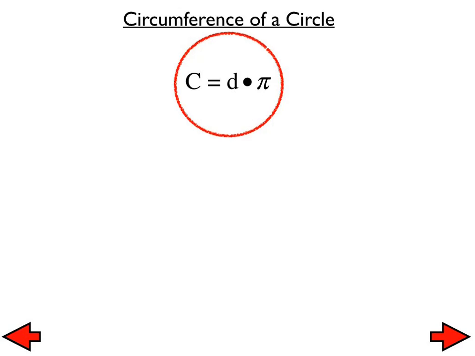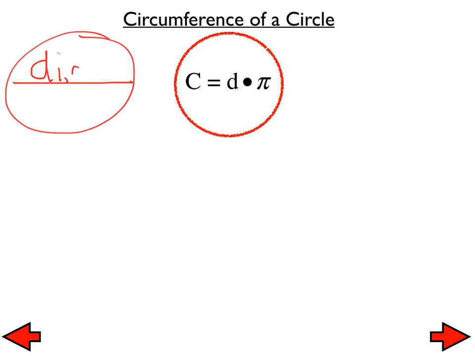And the diameter, and I would like you to draw another circle somewhere off to the side. This is the diameter. That's D. Diameter is all the way across a circle, going through the center. And that's the key. It goes through the center.